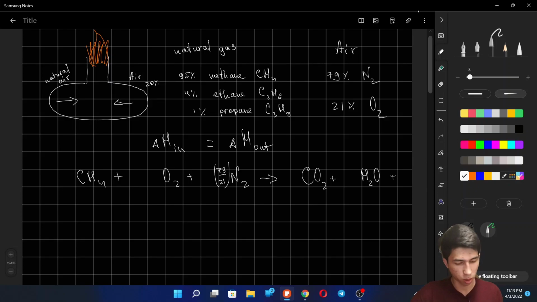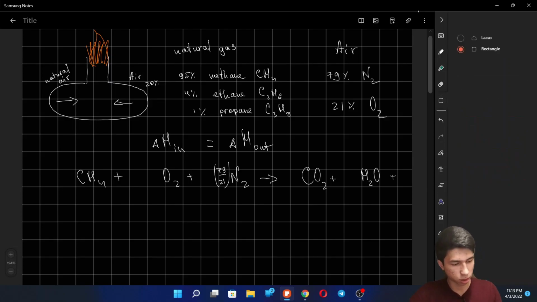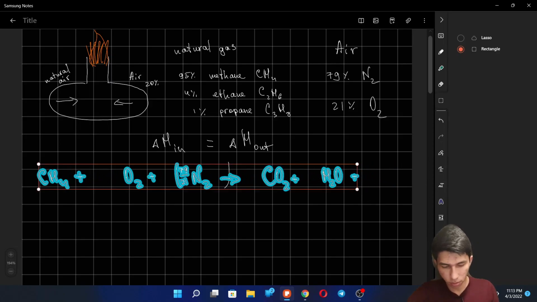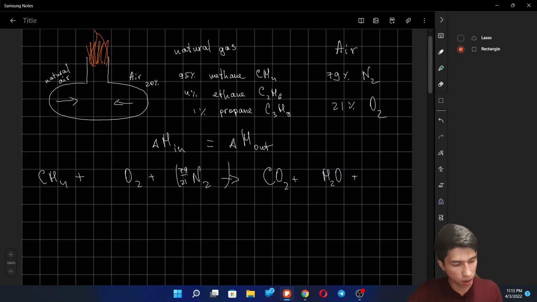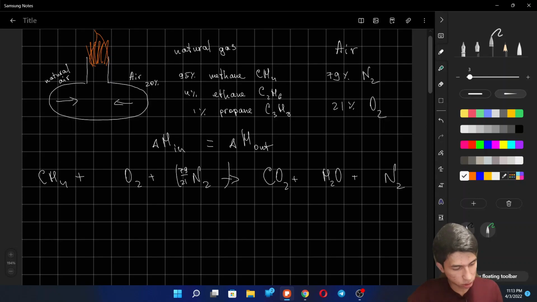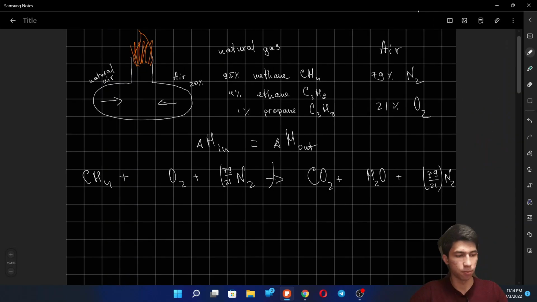plus nitrogen. I think there's not enough space, so let's move this a bit. We should not forget the mole ratio of nitrogen. Now let's make both sides equal to each other.